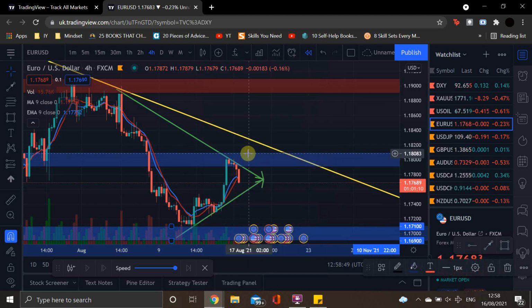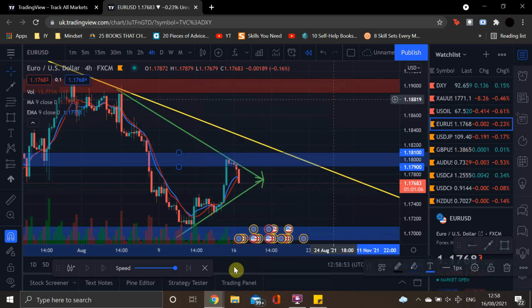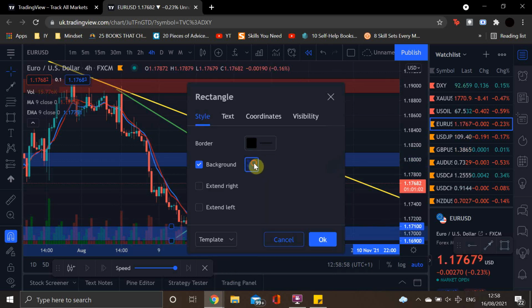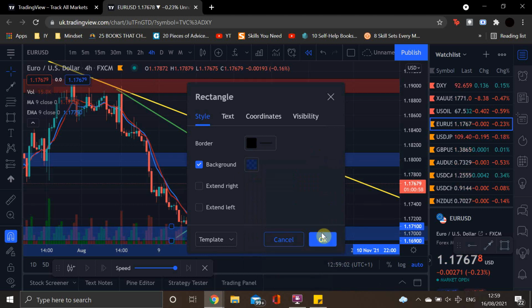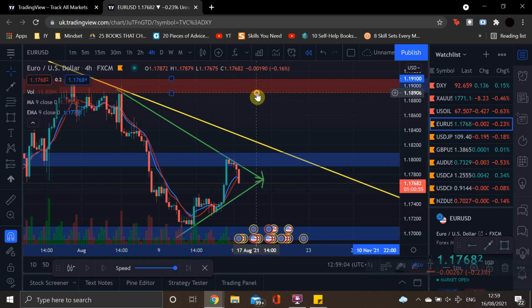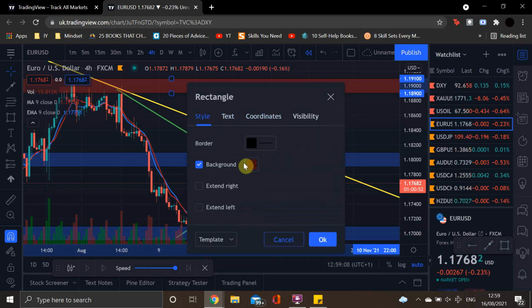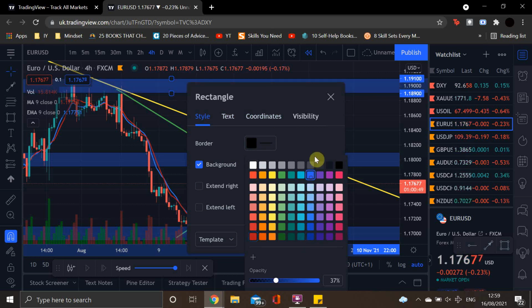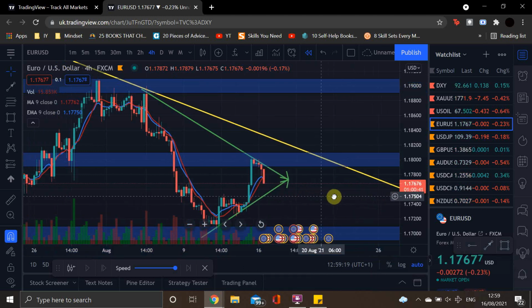It's 37, yeah, 37%, 29%. You can see price really going down, so I need to be quick. So 30%. Cool.